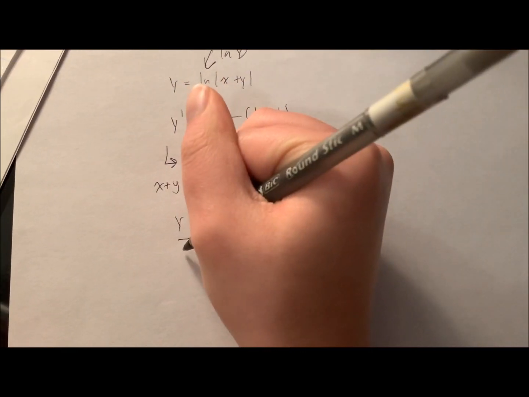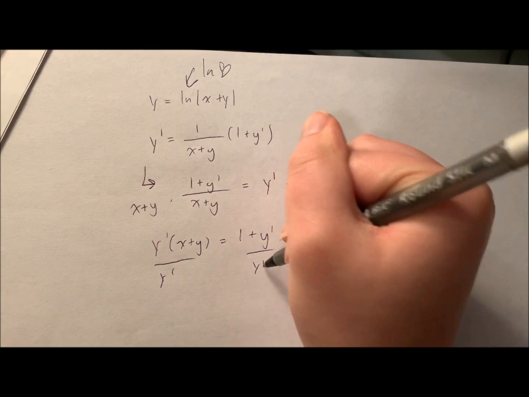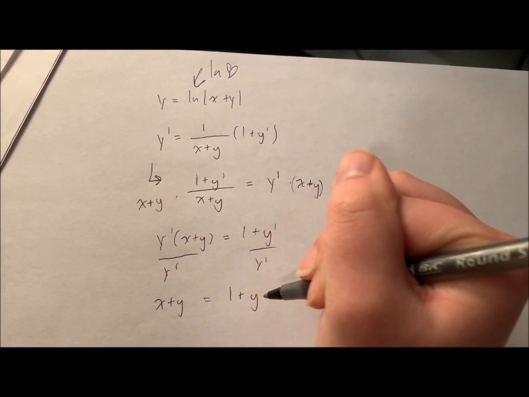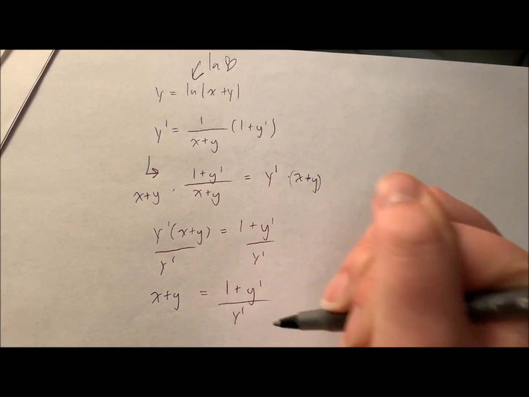Now we want to divide this by y prime to get x plus y equals 1 plus y prime all over y prime, once again.